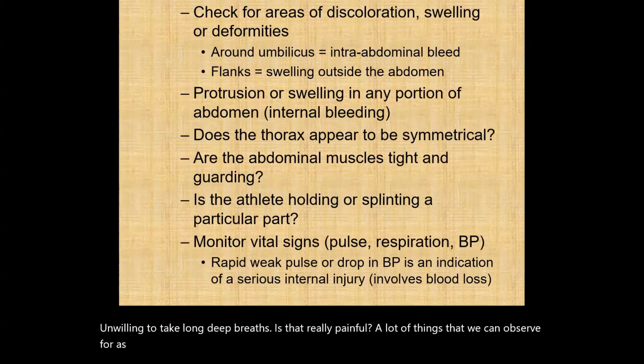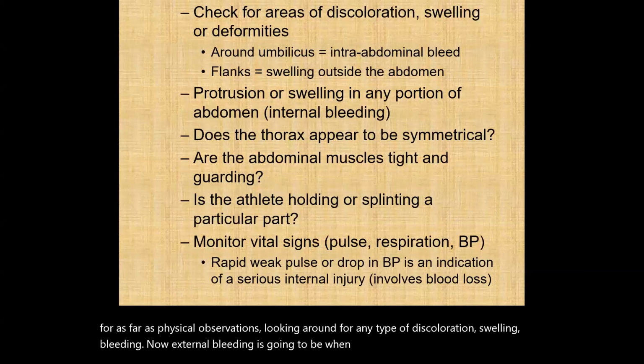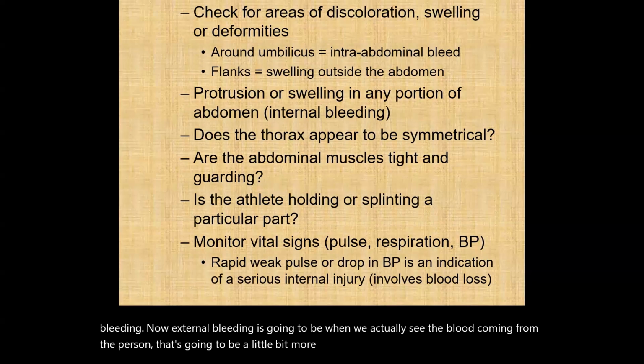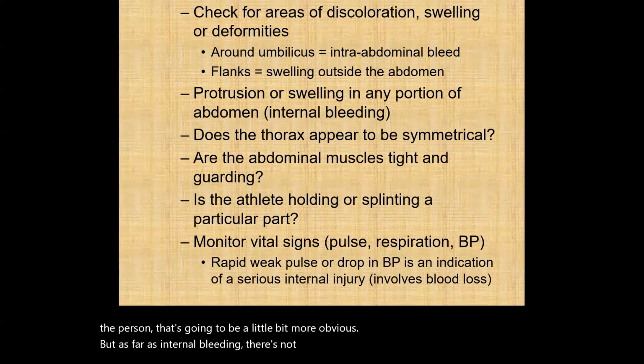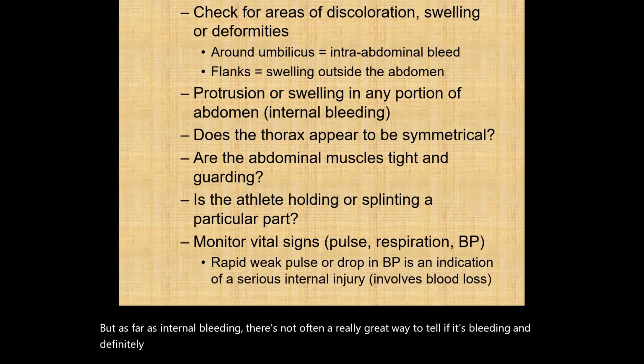As far as physical observations, look around for any discoloration, swelling, or bleeding. External bleeding is when we actually see the blood coming from the person, which is a little more obvious. But with internal bleeding, there's not often a great way to tell if it's bleeding, and definitely not where it's coming from. There are a couple things we might see.